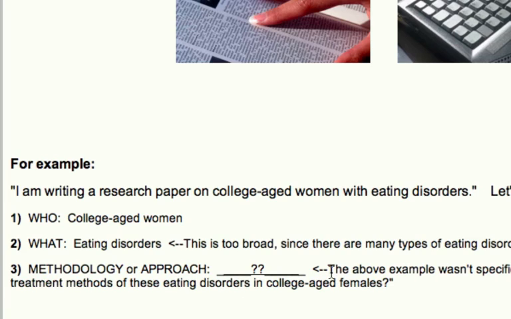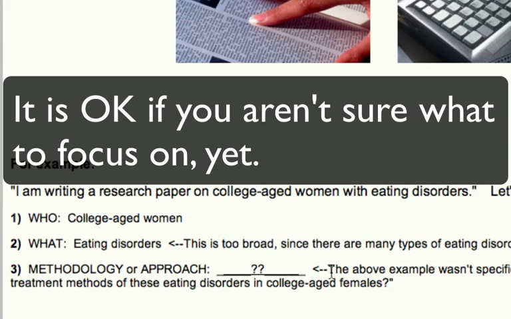but technically that research topic isn't specific enough. So if this was your topic, you need to be more specific. Am I searching for treatment methods for eating disorders in college-age women? So what are some successful treatment options for eating disorders in college-age women? So you might not know the methodology or approach yet.